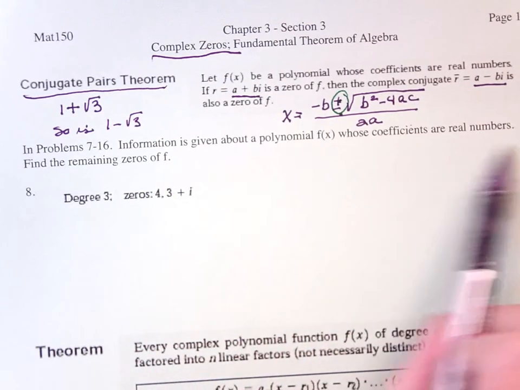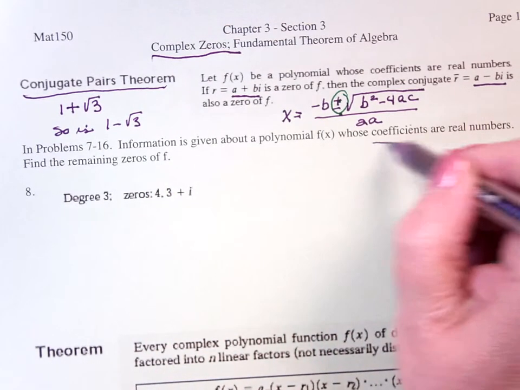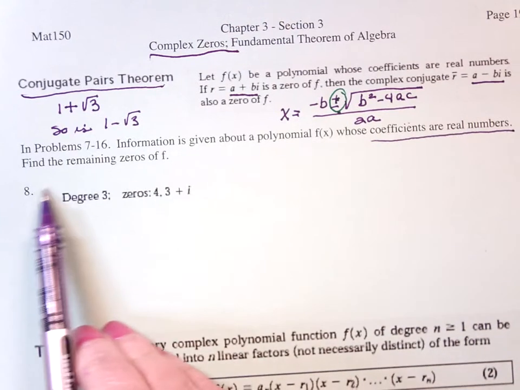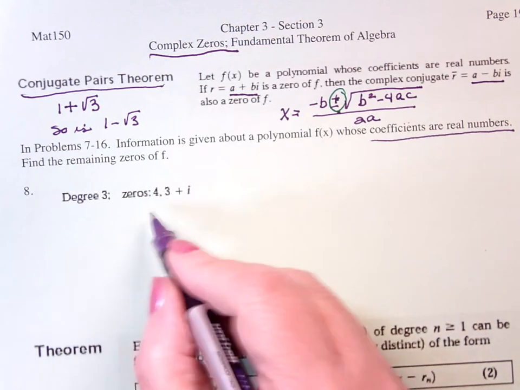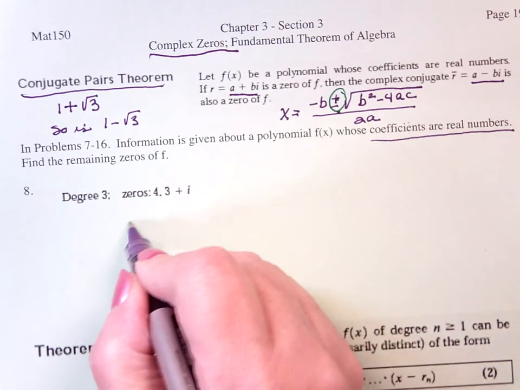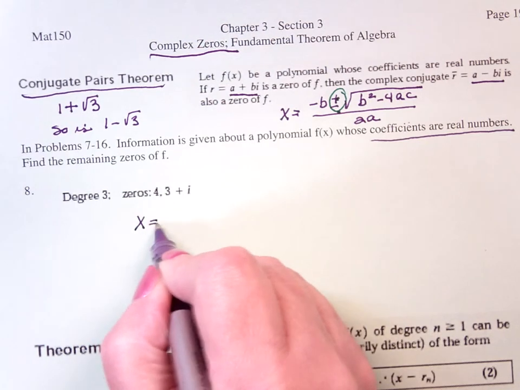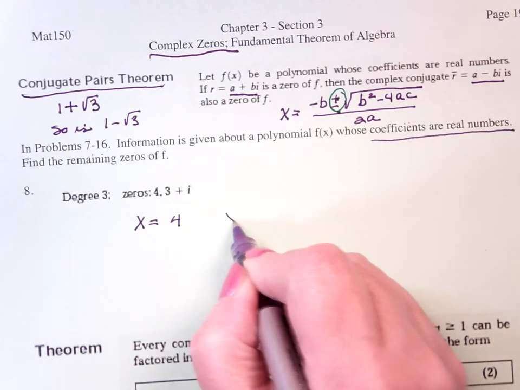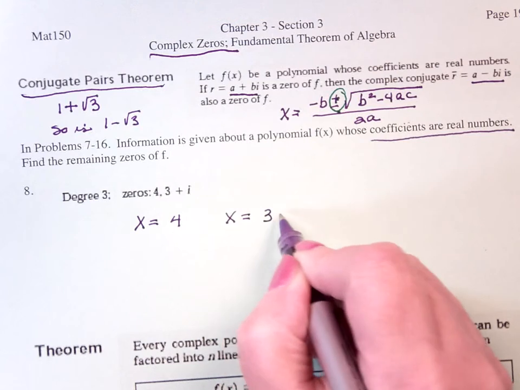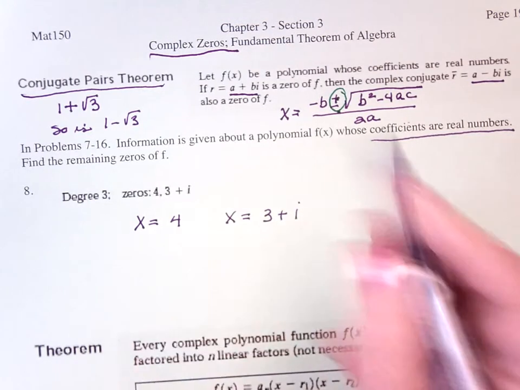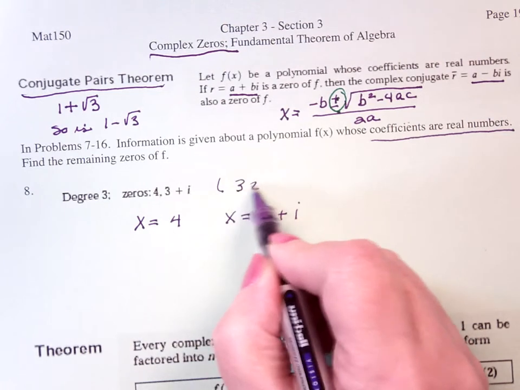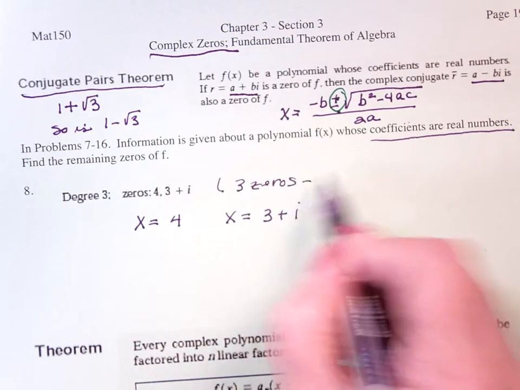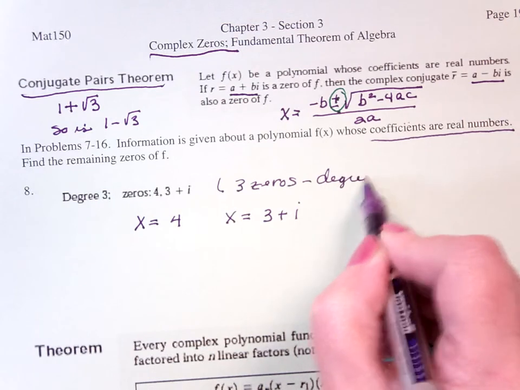Information is given about a polynomial whose coefficients are real numbers. Find the remaining zeros. Well, that's easy. Degree 3, I have zeros of x equals 4, x equals 3 plus i. How many zeros do I need? 3, because we're dealing with degree 3.